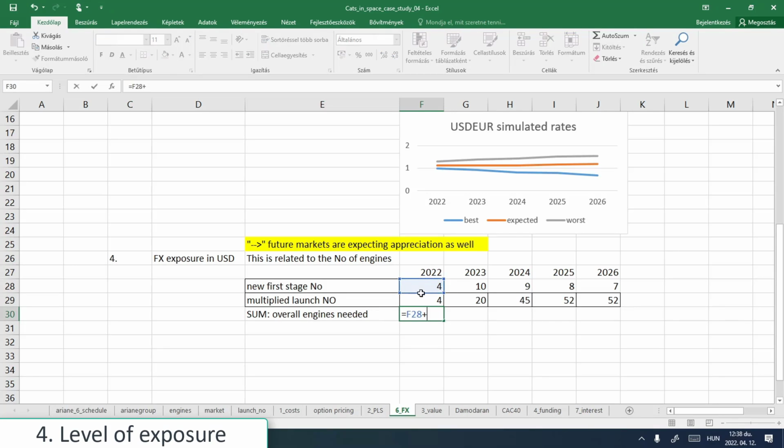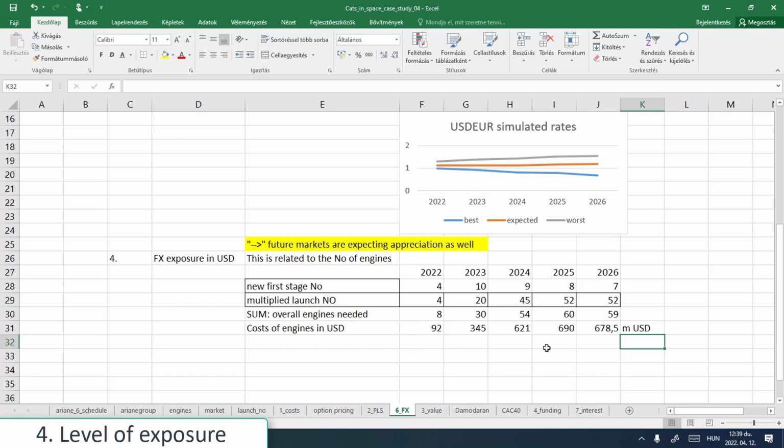Then this number plus this number, and then we can have million US dollars, and we can see that the total exposure in US dollar is this plus this one, this and this and that.